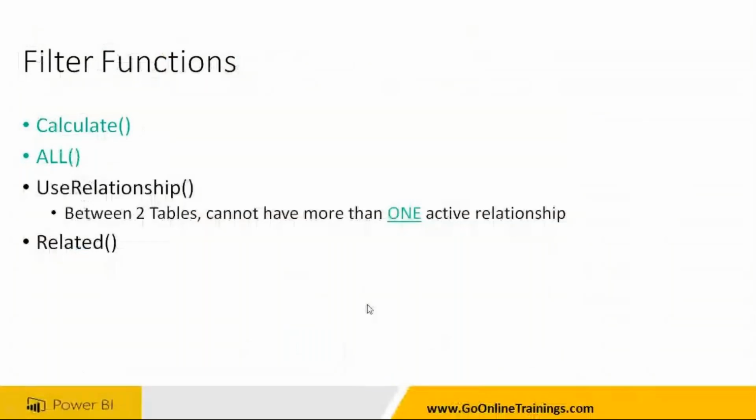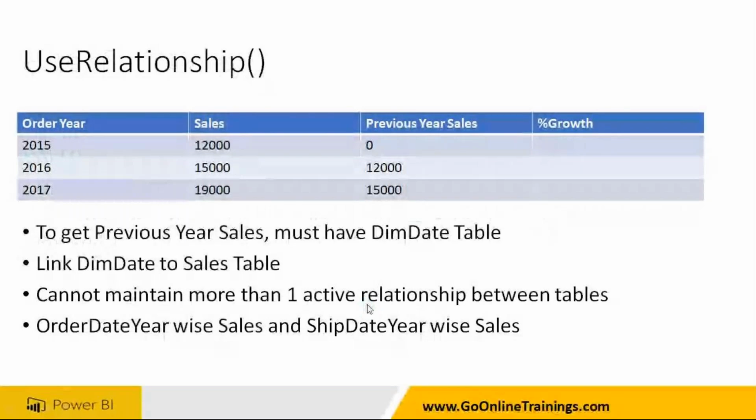The requirement is that I wanted to create order year wise sales, year wise total sales, plus previous year sales also I would like to have. If you wanted to have current year sales and previous year sales, and again percentage of the growth, blah blah blah, you need to have it.